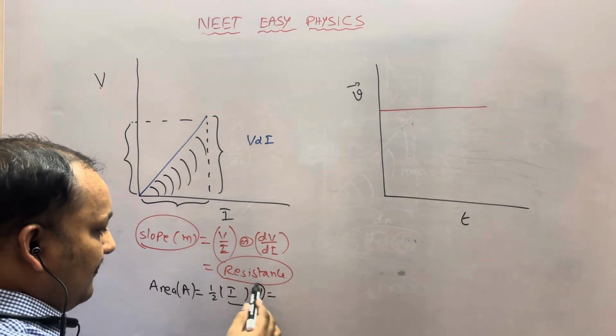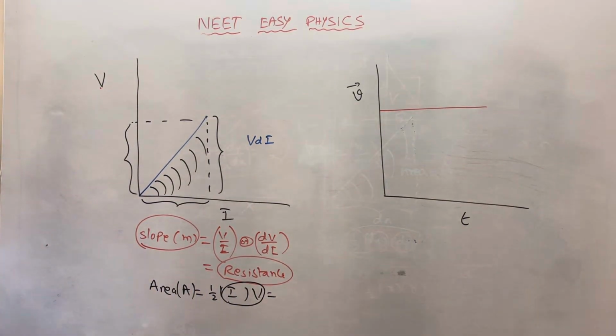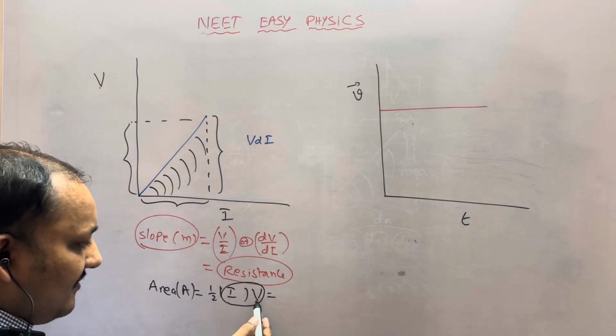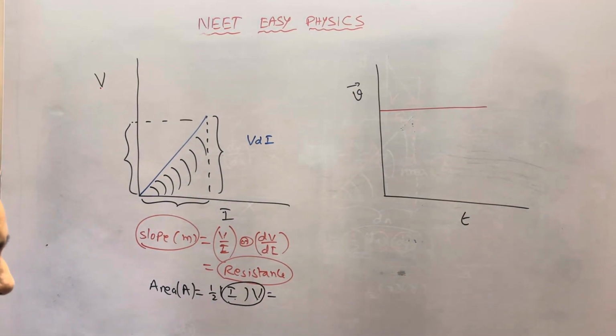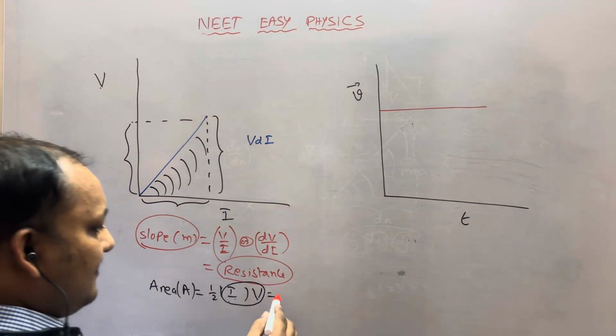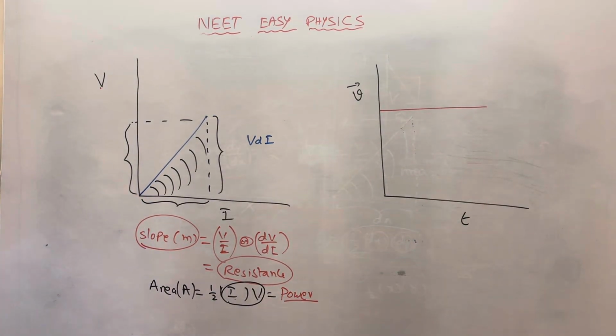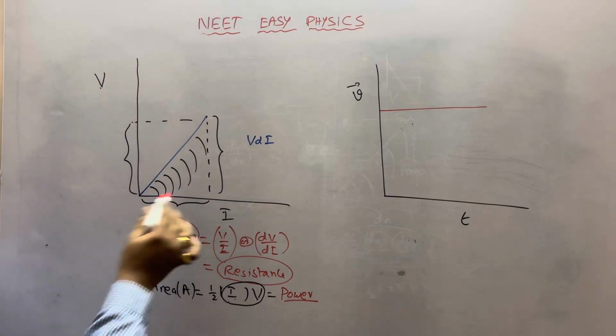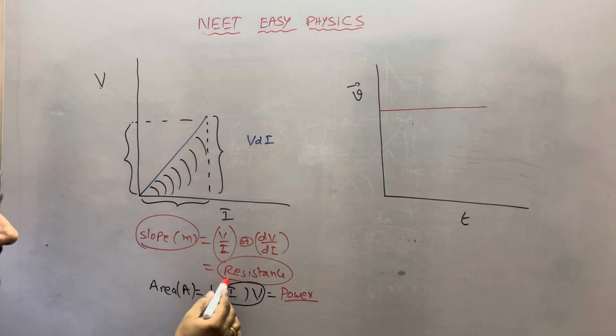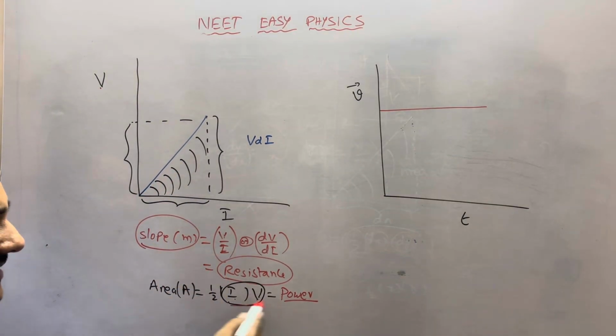So it is the product of y-axis and x-axis. Now in physics, what is the product of voltage and current? It gives power. So whenever they give a VI graph, slope gives resistance and area gives power.